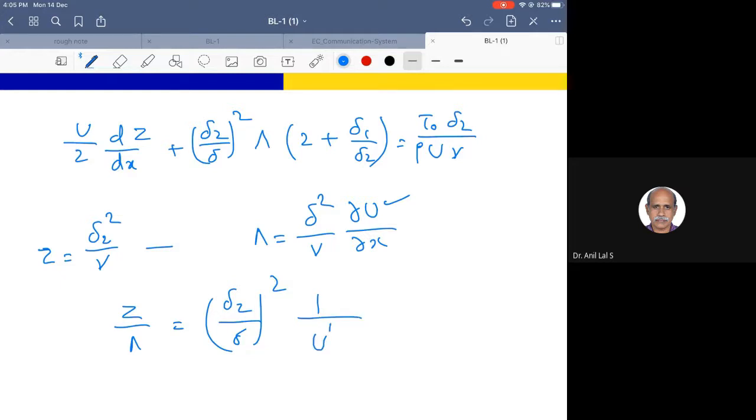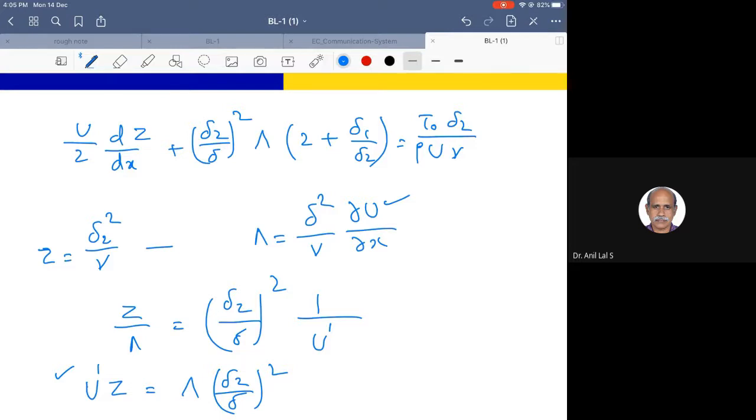You can write U dash z is equal to lambda into delta 2 by delta the whole square. So this U dash is the potential flow velocity gradient, and this is again rearranged.